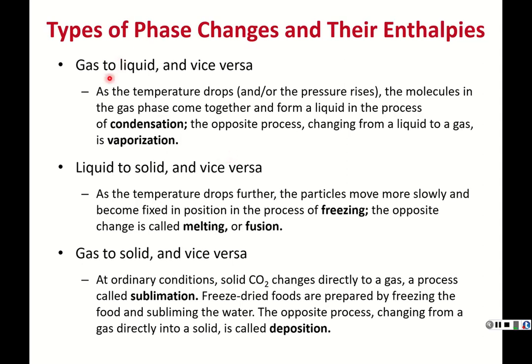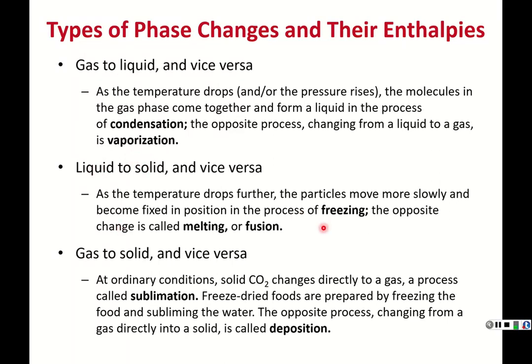If we look at gas to liquid or liquid to gas, as the temperature drops, or as we know from the ideal gas law, the pressure rises, the molecules in the gas phase come together and form a liquid in the process of condensation. So a gas going to a liquid is called condensation. The opposite process, a liquid going to a gas, would be called vaporization.